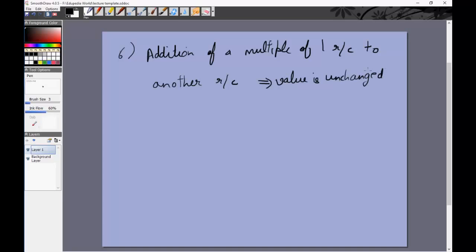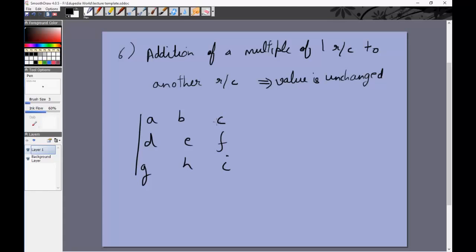This is sort of like adding a multiple of one equation to another equation when you solve linear equations. So let's say you have A, B, C, D, E, F, G, H, I. This was the original matrix.